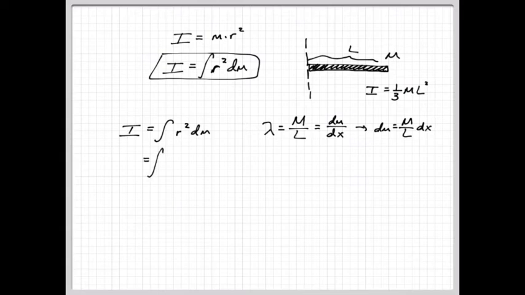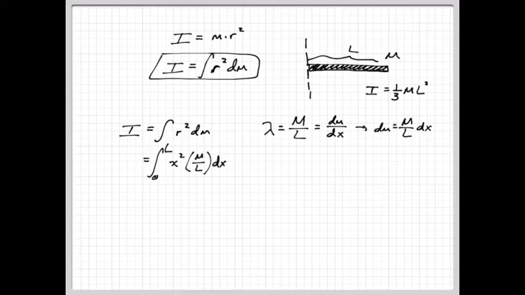And I know the formula says r, but for the sake of the variables, we're going to change that to x because it's along an x-axis. And our limits are going to be the entire length of the rod, going from 0 all the way out to L.